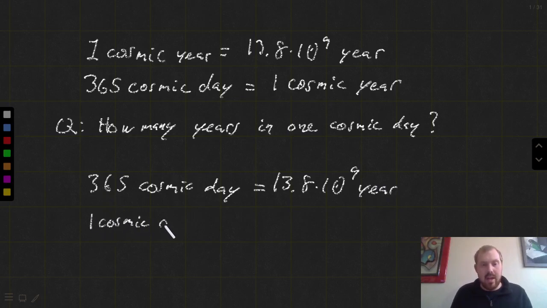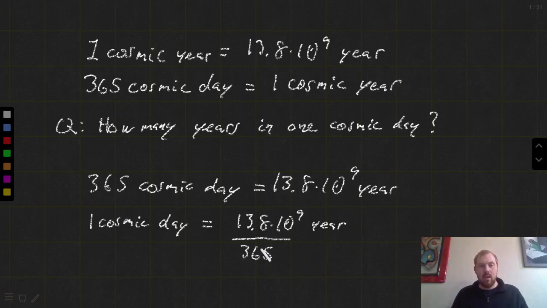One cosmic day is equal to 13.8 billion years divided by 365. And then we'll have the result: one cosmic day in the units of years. If you compute that out, I've got it on my little cheat sheet here, this translates to about, rounding here, 38 million years.